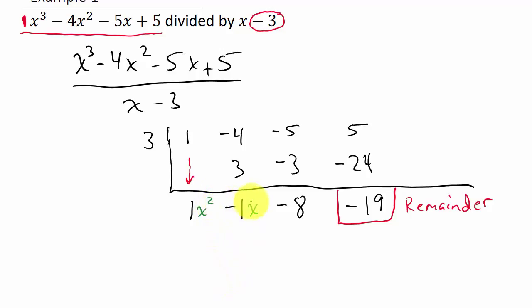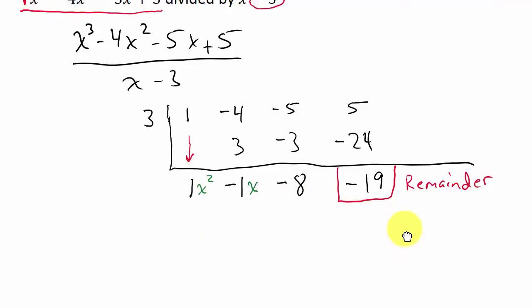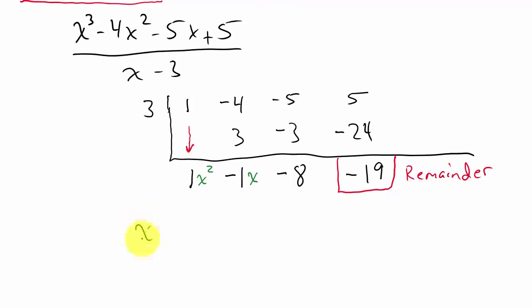They just decrease in power, so it's x squared, x to the first, and then our constant term. So our solution would be x squared minus x, see, there's our 1x squared, which is just x squared, minus 1x, which is just minus x, minus 8.